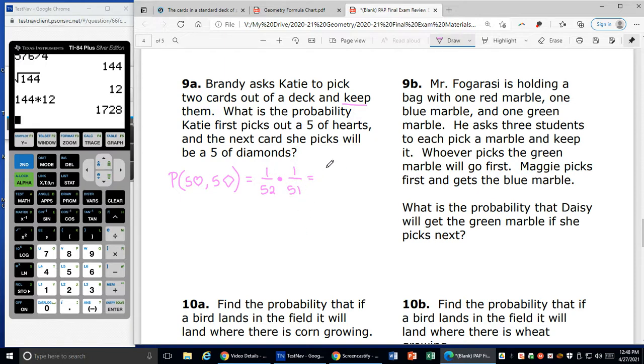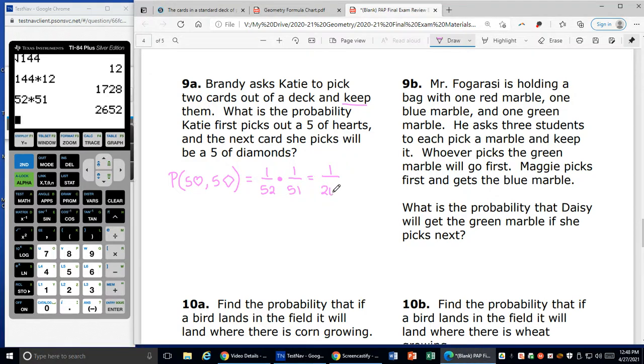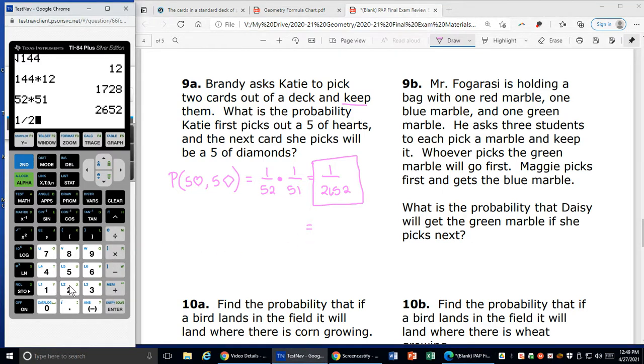So that's going to be 1 divided by 52 times 51, which is 2,652. So that is the probability that she will pull those 2 specific cards if she just picks cards at random. Not a very good probability. Look what happens when we change this into a decimal. 1 divided by 2652 gives me scientific notation because it can't even fit on the screen.